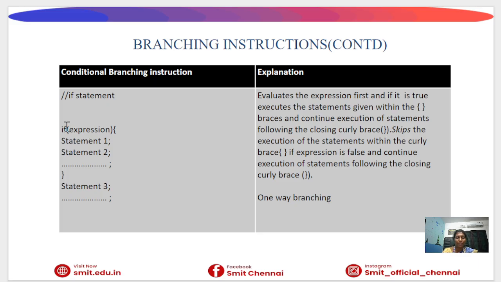If the if statement is false, then statement 1 and statement 2 are not executed at all. It comes directly to statement 3, the execution of the statement following the closing curly braces. So this is one-way branching.